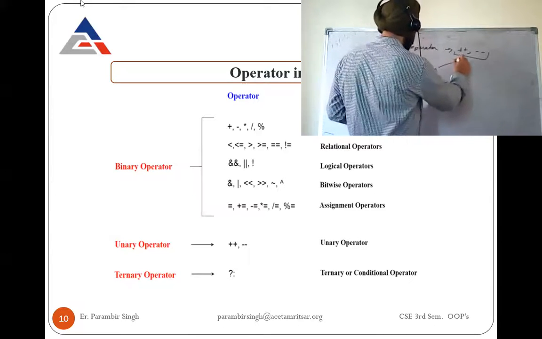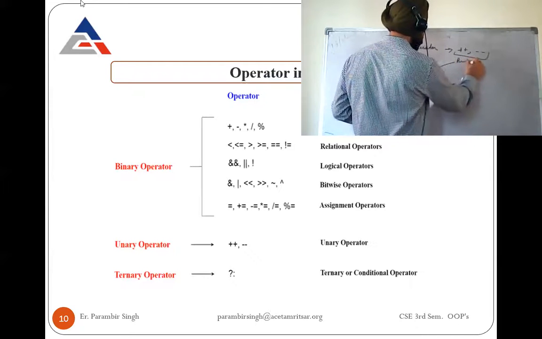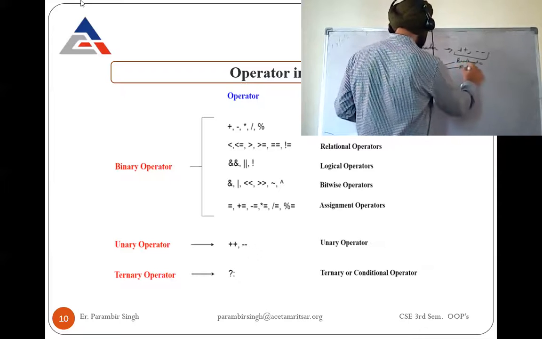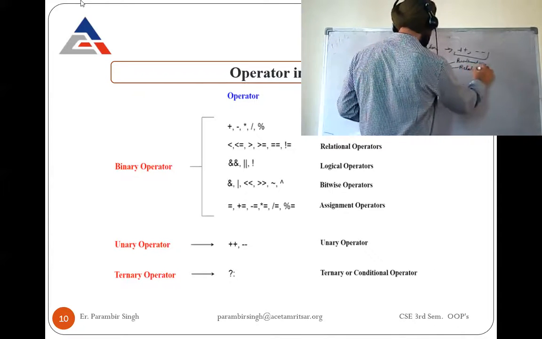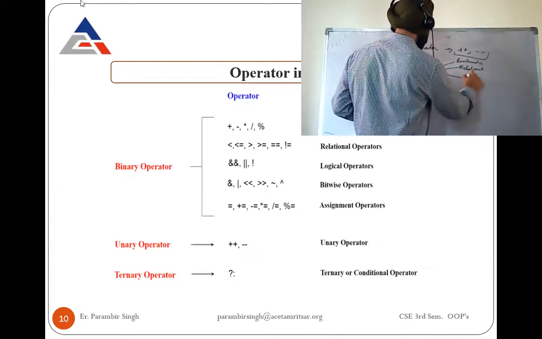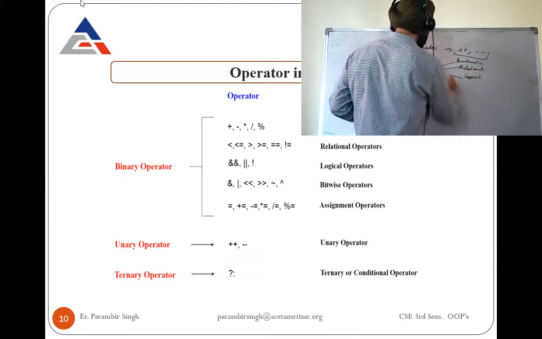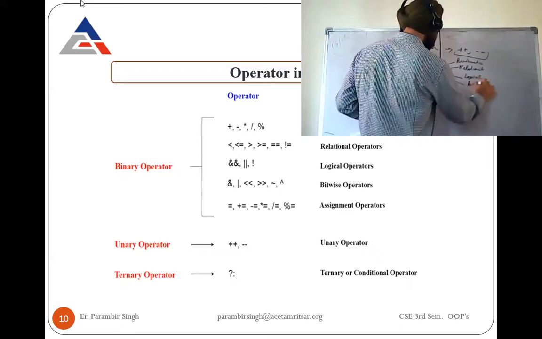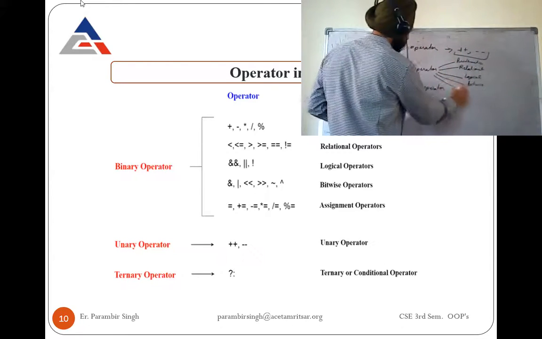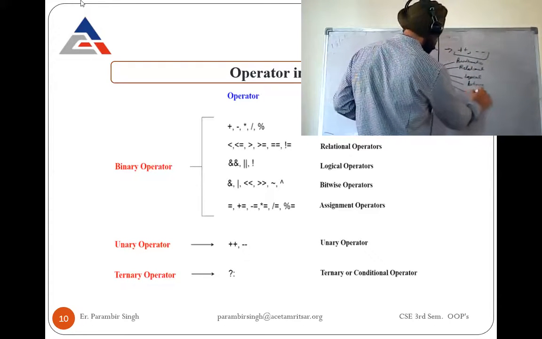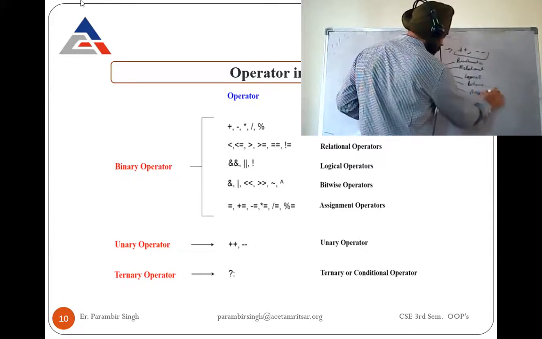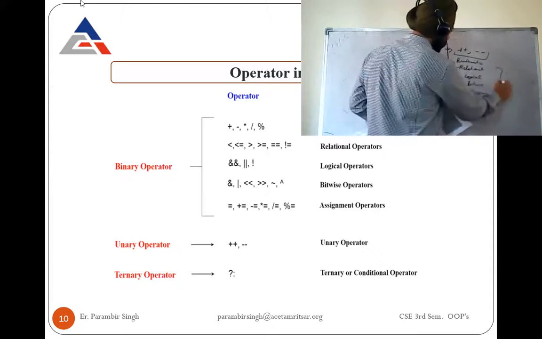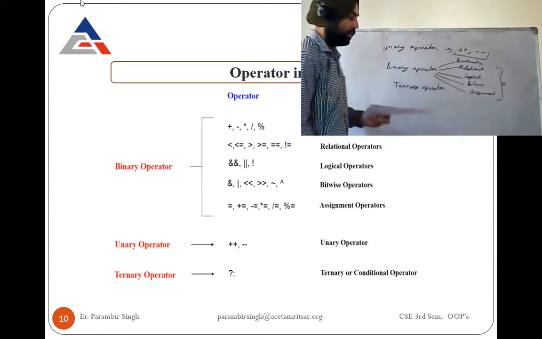One is the arithmetic operator, second is the relational operator, third is the logical operator, fourth is the bitwise operator, and fifth is the assignment operator. So these all are the operators under binary operator.